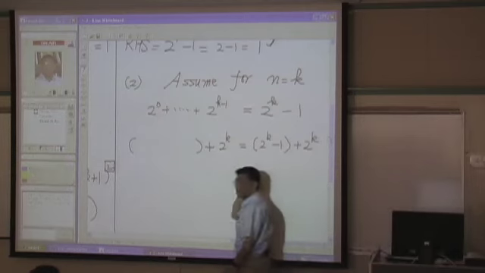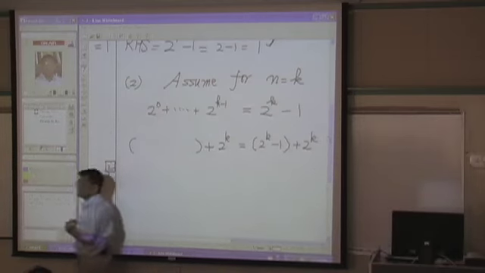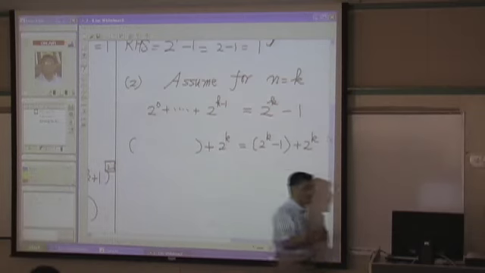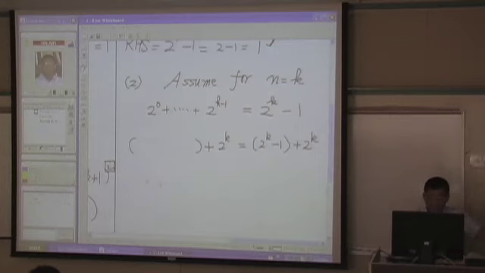So I added 2 to the power of k to both sides. Then what happens to the left side? The left side is adding everything from the 0th power up to 2 to the power of k. And the right-hand side is adding these things, so 2 times 2 to the power of k minus 1.